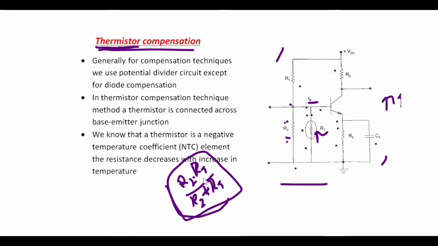If the RT value decreases, then the equivalent resistance value also decreases. If the equivalent resistance decreases, then the voltage drop across this branch will be decreased. This decrease in voltage will decrease the forward biasing potential at the base emitter. This forward biasing potential will in turn decrease IB, the base current.